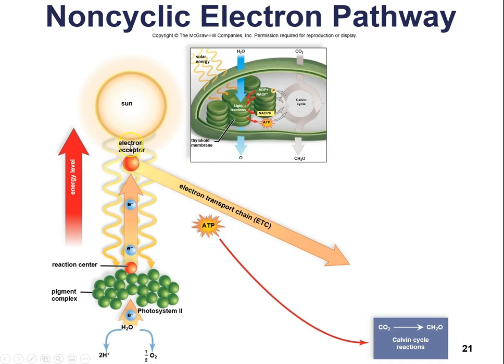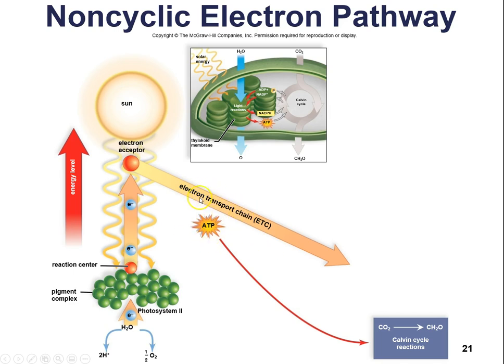Once this electron acceptor gets the electron, it then passes the electron down through a series of carriers, and we're going to talk about this electron transport chain in more detail in a second, so don't worry about the detail right now. But basically the electrons, it's called the electron transport chain, get passed along from carrier to carrier in a stepwise fashion, and in the process you have hydrogen ions that are released and they form this gradient that then ultimately leads to the production of ATP.